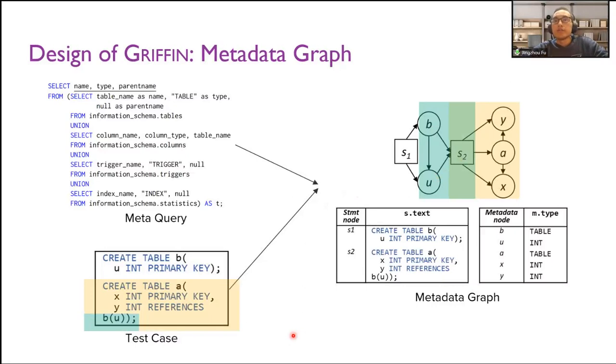After its execution, the table named A and its columns named X and Y will appear in the database. So we add the edges from S2 to A, X, and Y, and also add the edges from A to X and Y. Now, the construction of the metadata graph of the test case is finished.